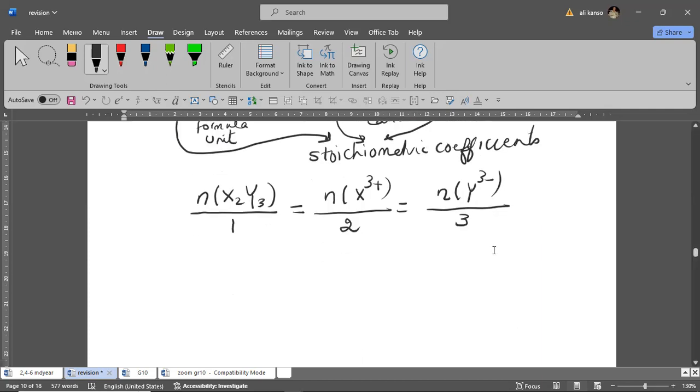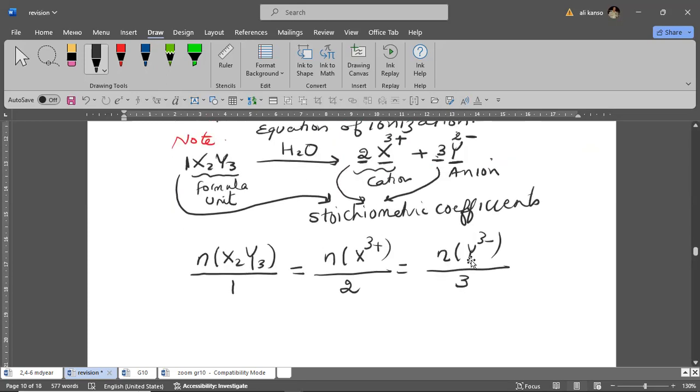Now also, if you have to find the number of moles of X3 plus, the number of moles of X3 plus equals 2 times the number of moles of the formula units of the compound.